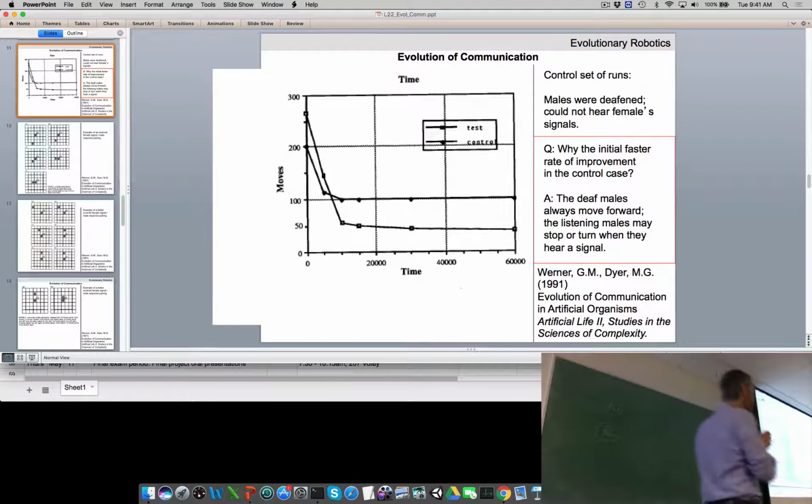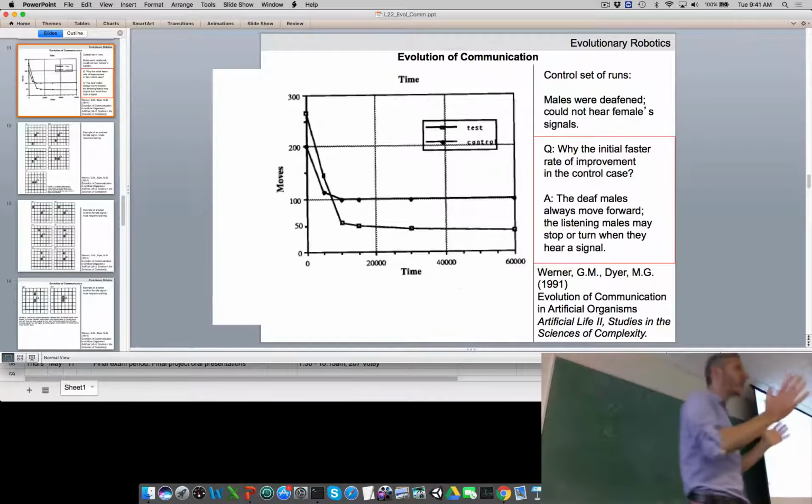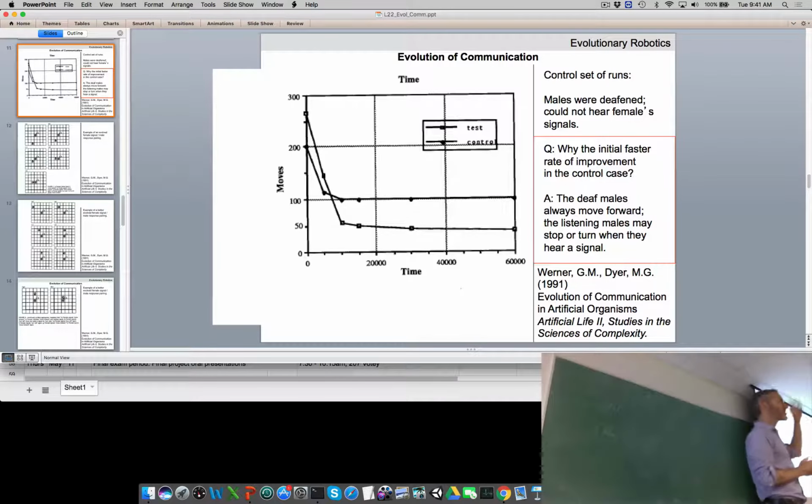So this is one of the tricky things about the evolution of communication and language: there need to be two things that happen, right? You need to have the senders or the broadcasters send out the right signal at the right time, and for the receivers, in this case the males, to do the right thing when they hear the right signal, right? You need both to do the right thing.